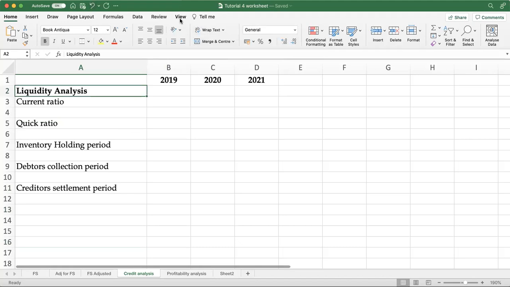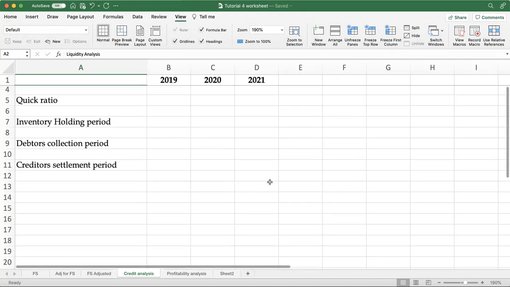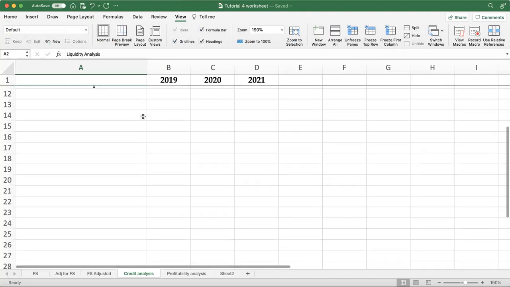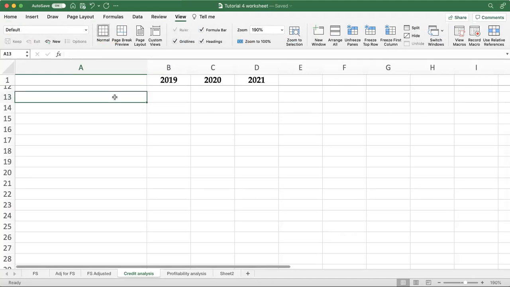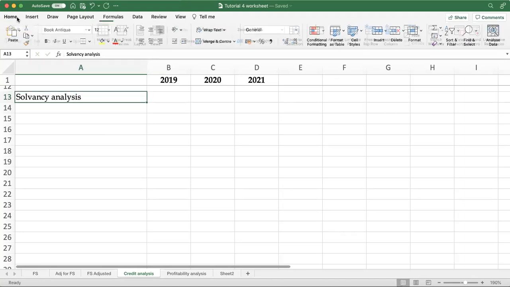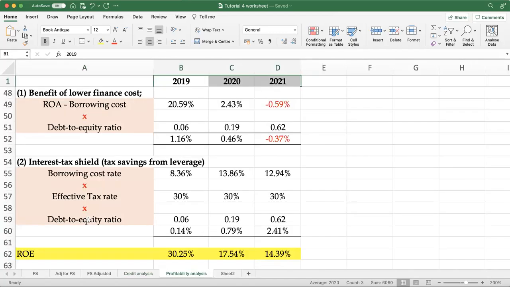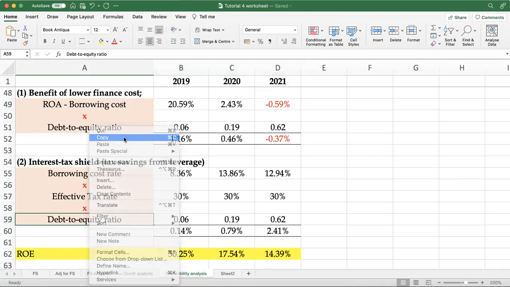Then you can do solvency analysis. So you can calculate solvency ratios. Debt to equity ratio. We have already calculated the debt to equity ratio, so you can take that ratio.